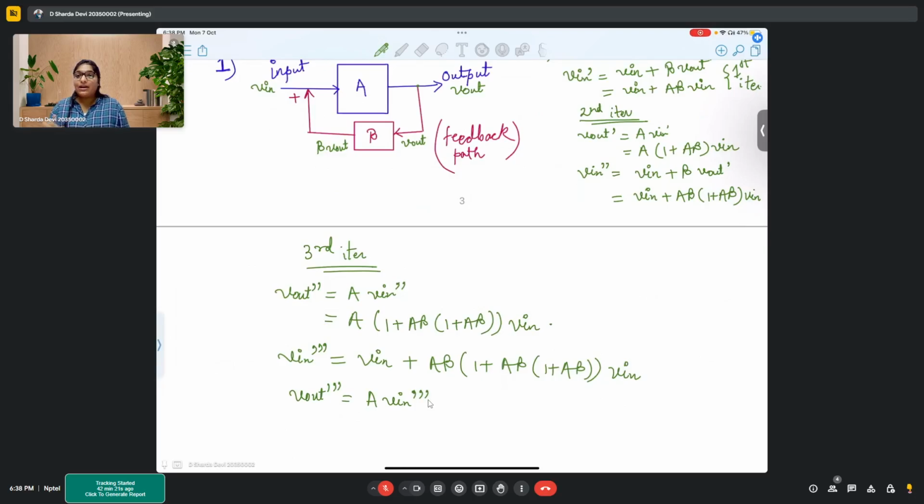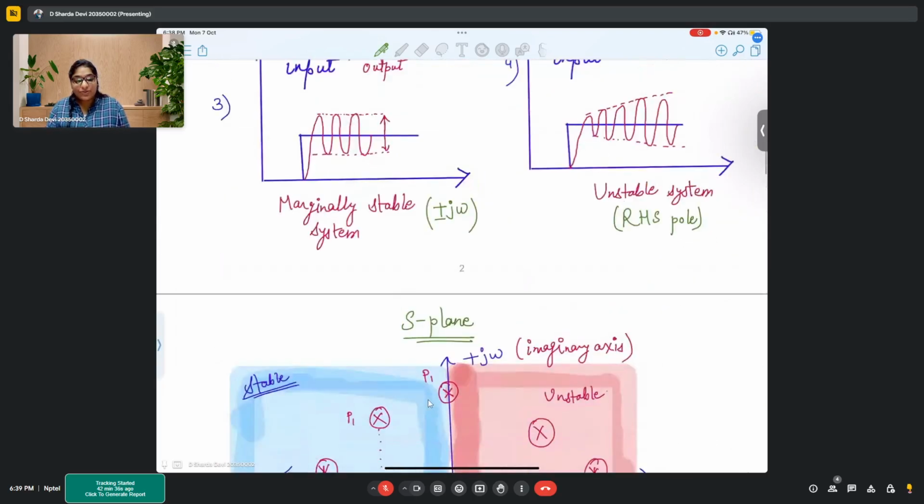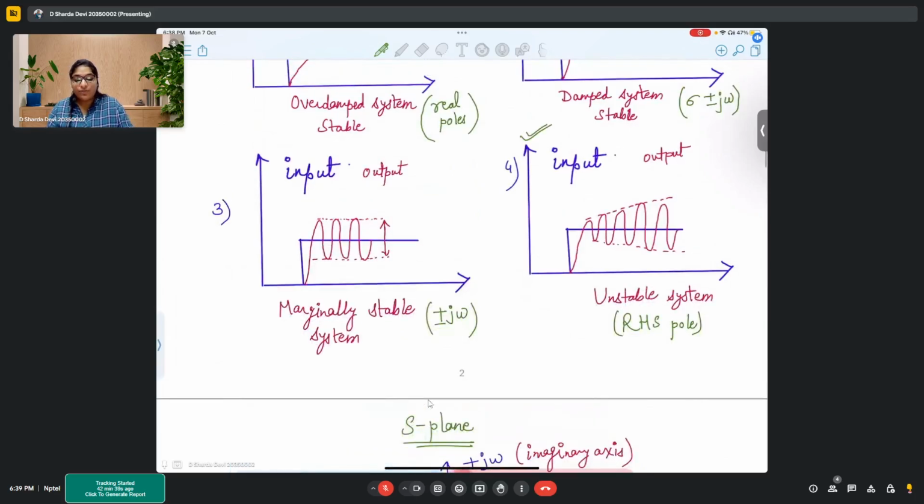So imagine that this is the scenario for the third iteration. What will happen when you have a scenario of, let's say, 10 iterations, 100 iterations, 1000 iterations, similarly, infinite iterations? Your output is increasing continuously and it goes out of bound. So this becomes the scenario similar to this condition of 4, right?